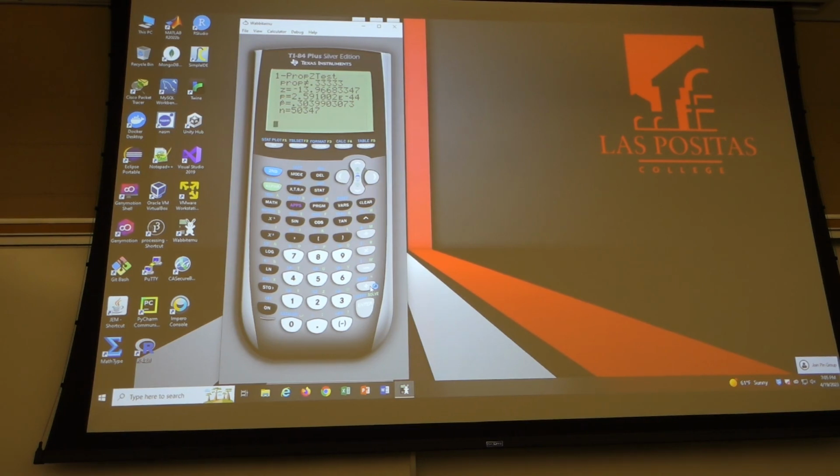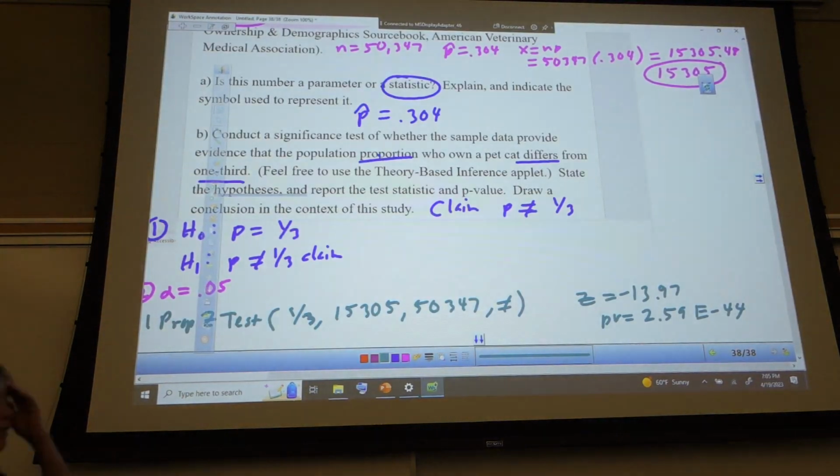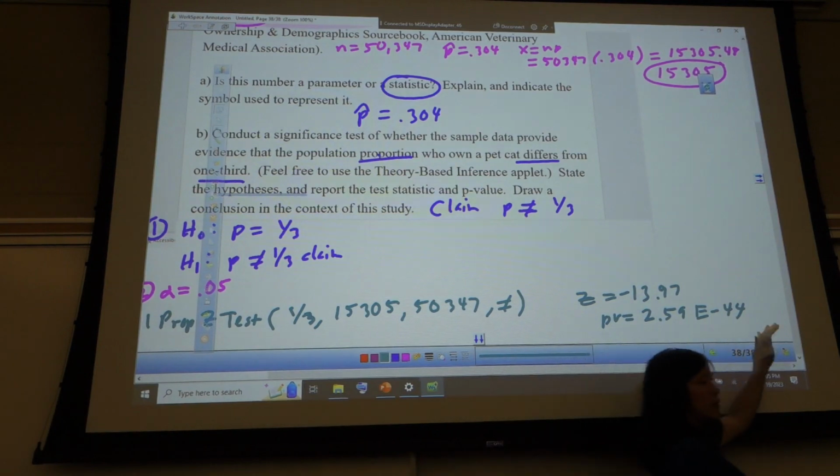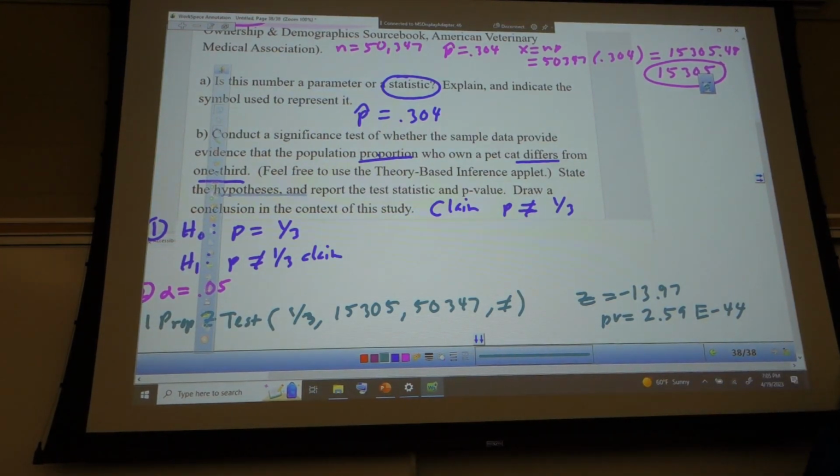No. Remember, anytime our p-value looks bigger than 1, we should look for an E negative. E negative 44, that's huge. That's really, really, really tiny. This is never going to happen. This is basically 0.